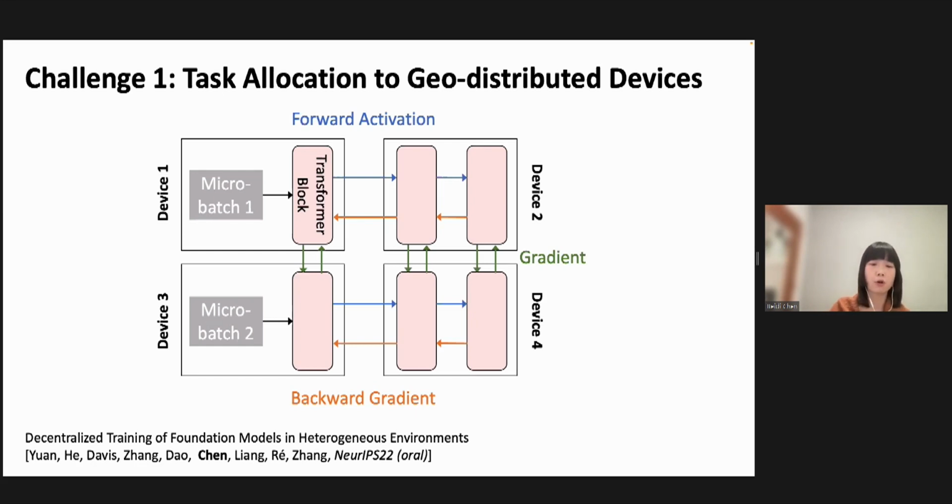The goal of our optimization problem is to find an assignment strategy that matches those tasklets to devices so that the communication cost is minimized. This plot is an example of how data and pipeline parallelism work with 4 devices.